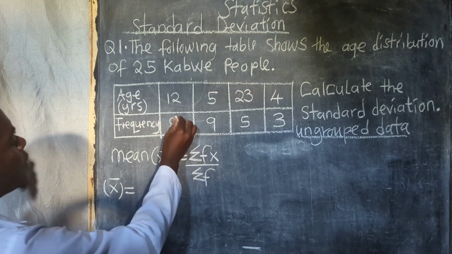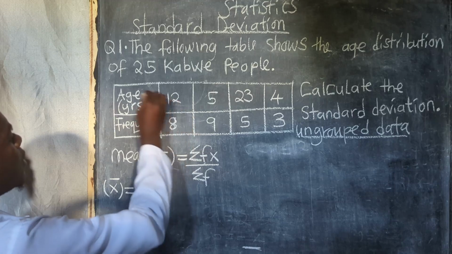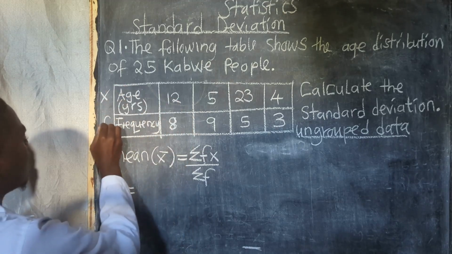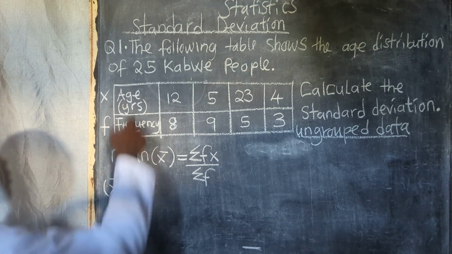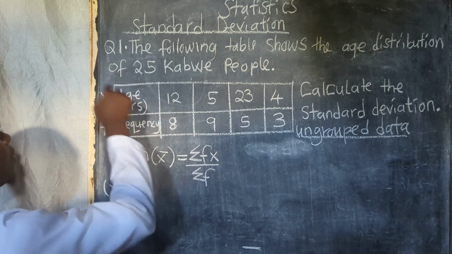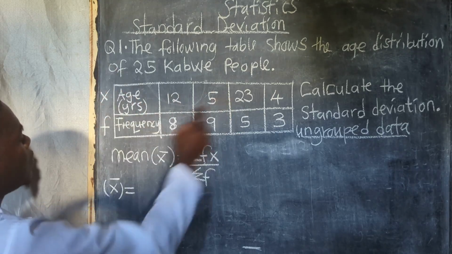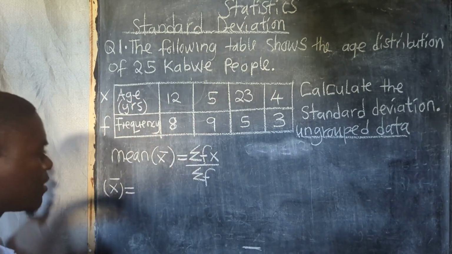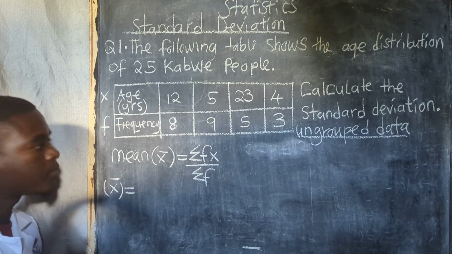Where is the frequency? The frequency is here. This here saying age, this is x, frequency is always down. Even if they haven't said so, just know that what is on top is x values, and what is down is f values, which is the frequency.